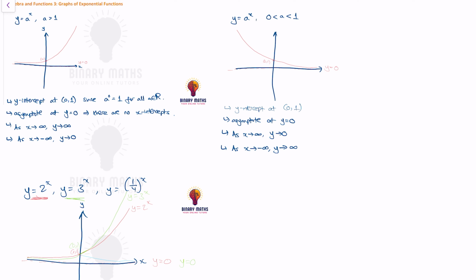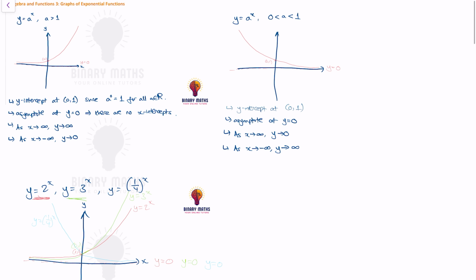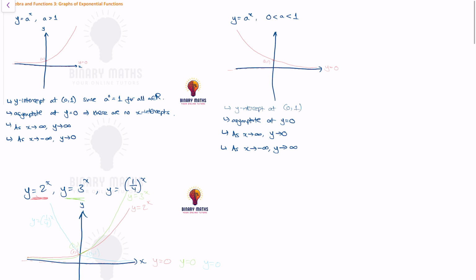And here, because the denominator 4 is bigger than 2 and 3, it will be much steeper than both of these graphs, but it doesn't matter. All we know is it goes this way. So y is equal to a quarter to the power of x. Again, y equals 0 is still an asymptote. It does still go through (0, 1), but it will be a reflection of the other two.